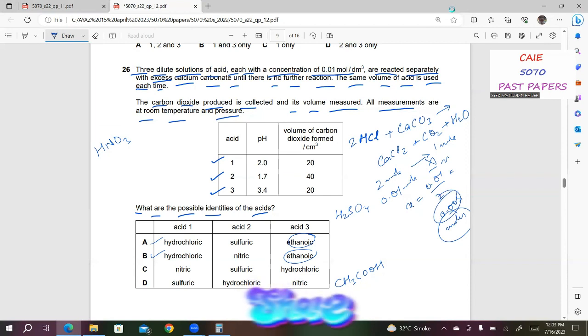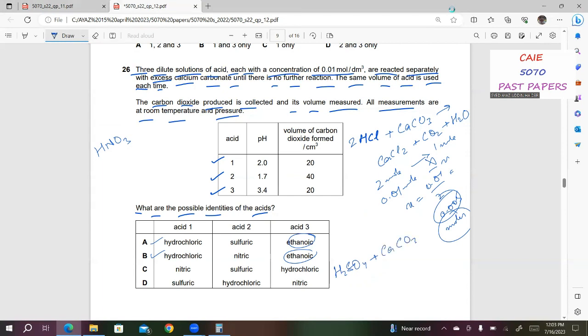What about sulfuric acid? Now, if you react sulfuric acid with calcium carbonate, the equation will be like this.